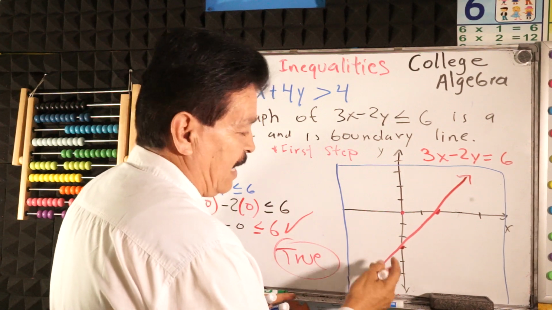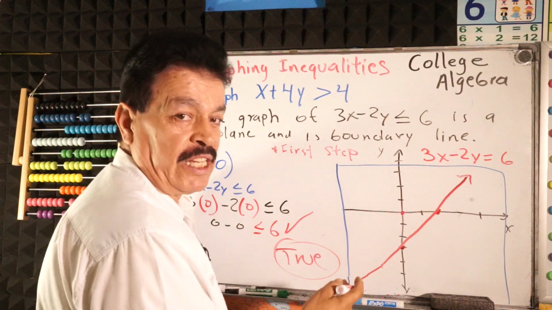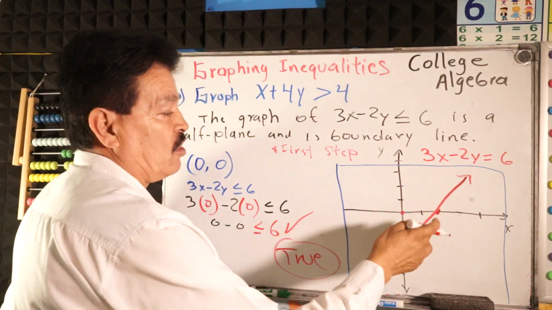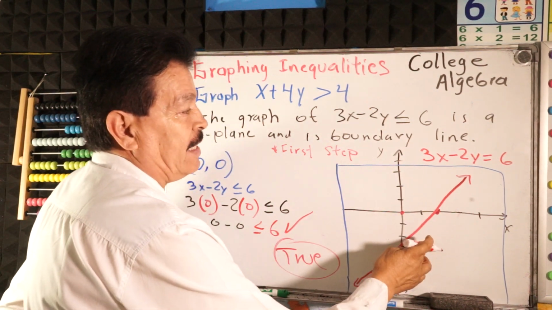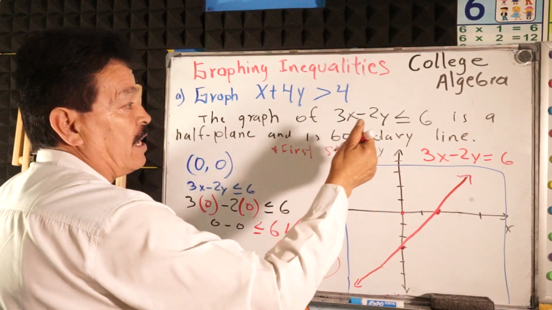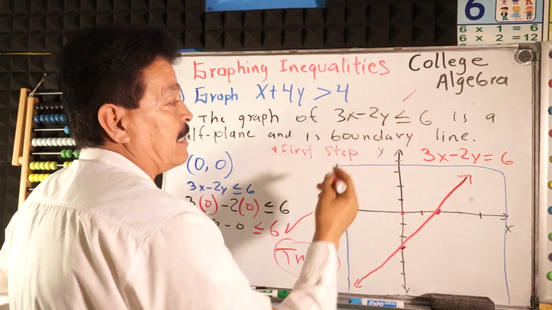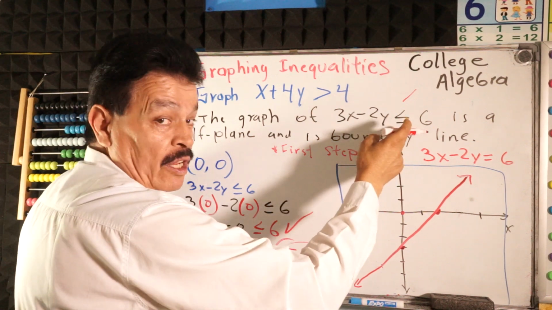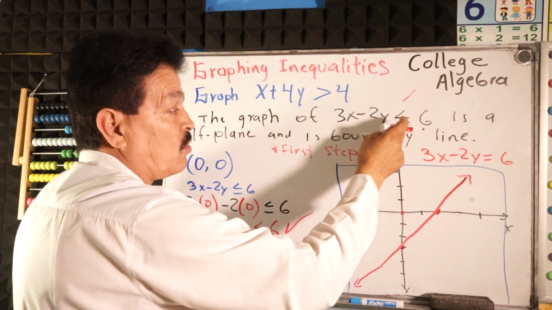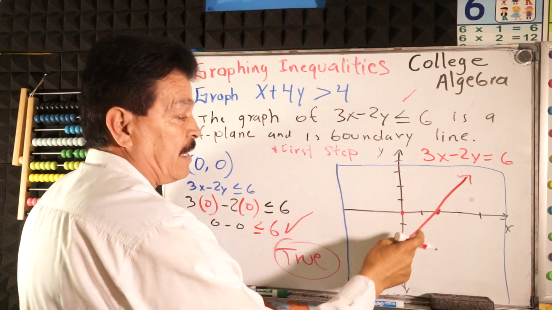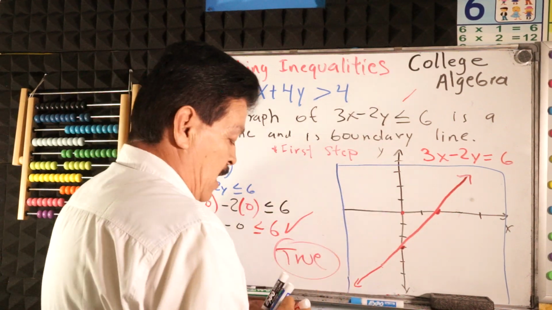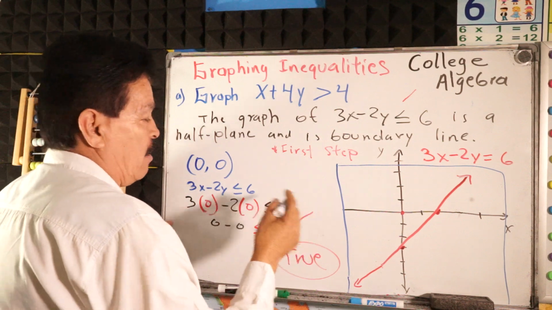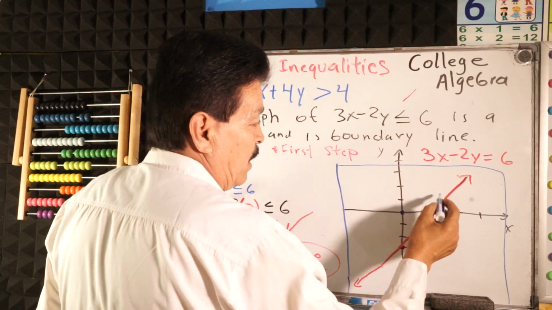Now you see the line is continuous, not dashed. Why is the line continuous? Because the sign is less than or equal to. When it's less than or equal to, we need to make the line continuous. So this is the area we are talking about.